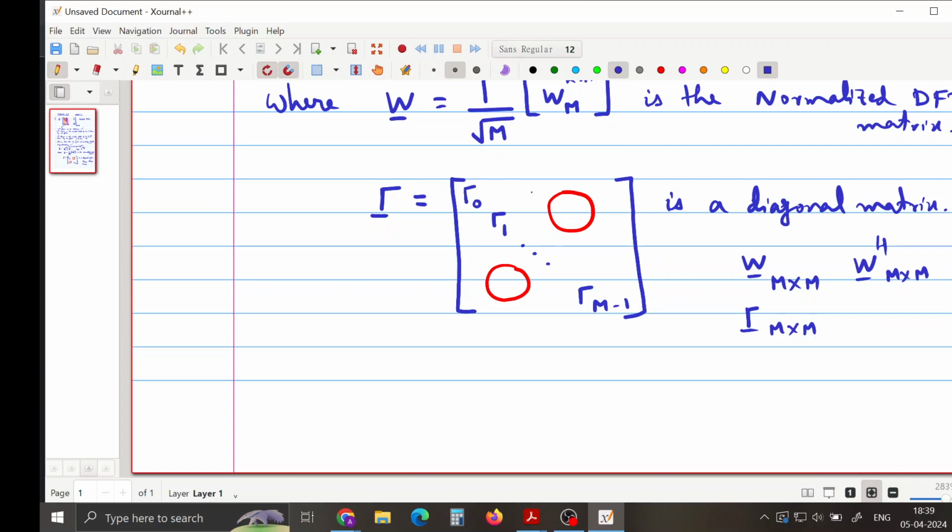And if you want to know about the entries in the diagonal, these gamma m's are the entries along this diagonal.